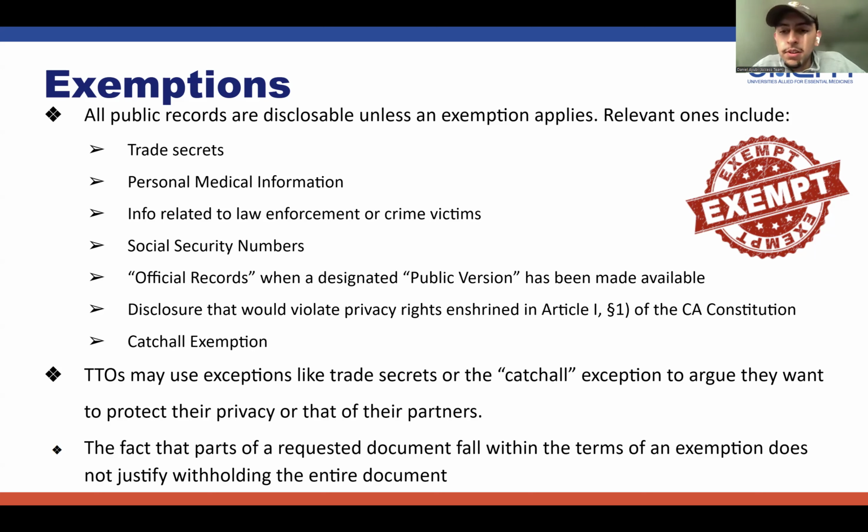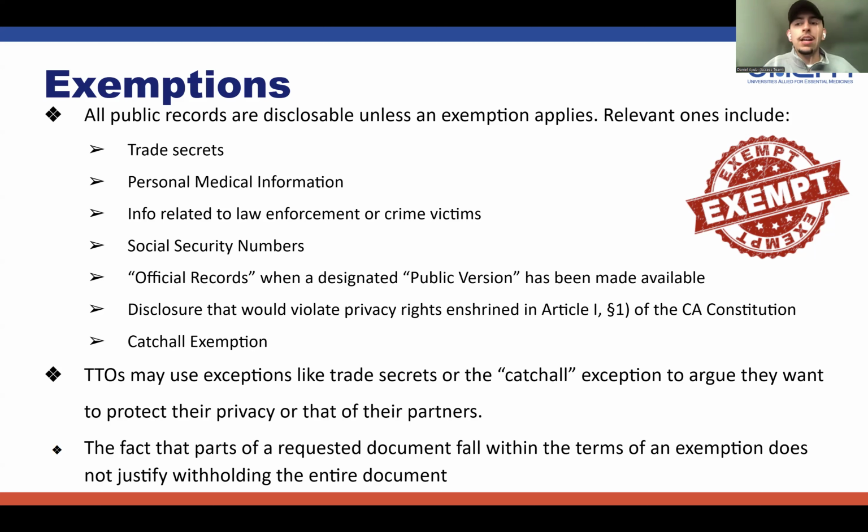And the one thing that we do need to remember is that although this kind of seems discouraging, there are a ton of exemptions. The fact that some parts of a requested document fall under the terms of an exemption does not actually justify them withholding the whole document.